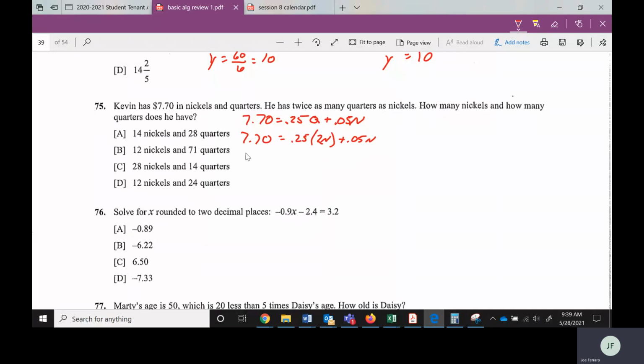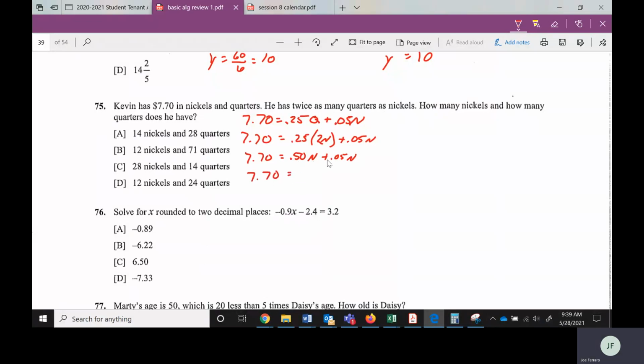So now this gets a little complicated. Now we multiply these. Okay, so 2n, so 2 times 0.25 is 0.5 or 0.50, and then times the n. So this times this gives us this. We still have this here, so now we're going to combine like terms.